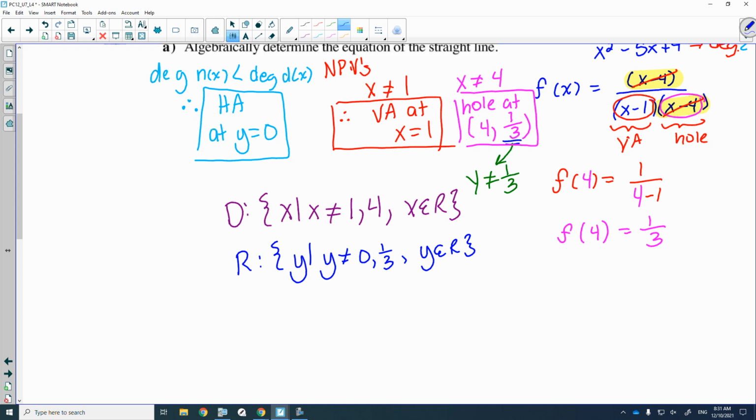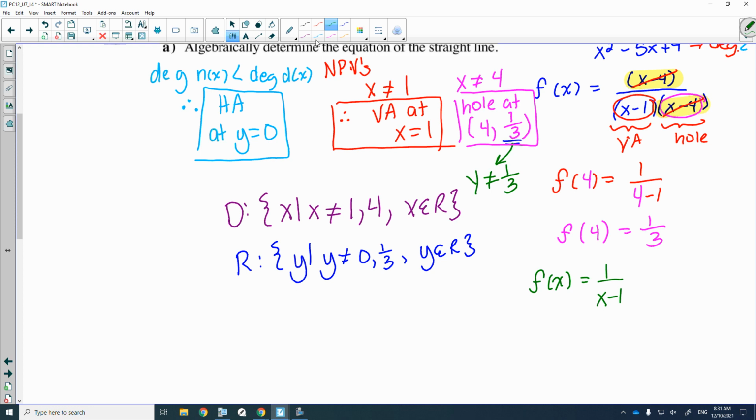One other thing I want you to note is they might ask you, what is the equation of the new rational function? The equation of the new rational function would be the equation after we've canceled our common factors. So the equation of the new rational function would be f(x) is equal to 1 over x minus 1. That was the equation.